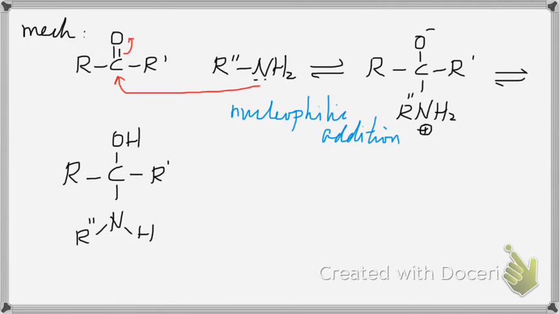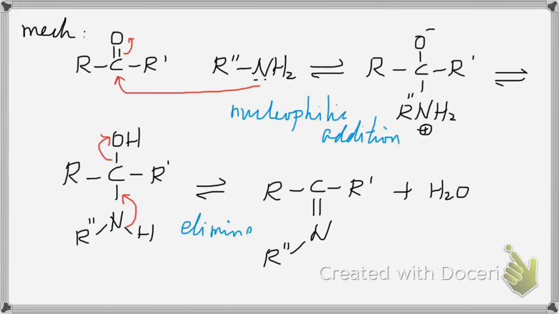The second stage is the elimination reaction. Elimination of water from this tetrahedral intermediate gives the C=N double bond. So some base, it could be the amine, it could be a water molecule, will grab the hydrogen on the nitrogen.